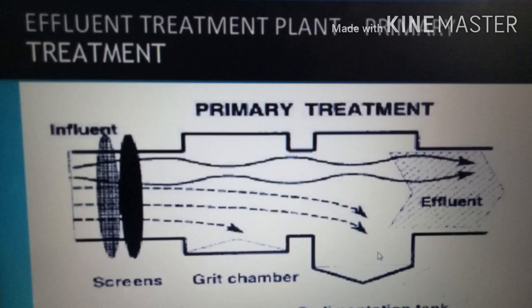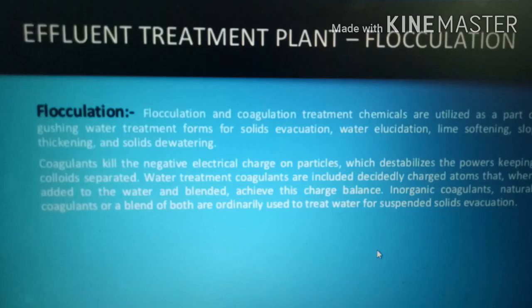Coming to flocculation, the flocculation and coagulation treatment chemicals are utilized in raw water treatment processes or effluent water treatment processes for solids removal, water clarification, lime softening, sludge thickening and solids dewatering.